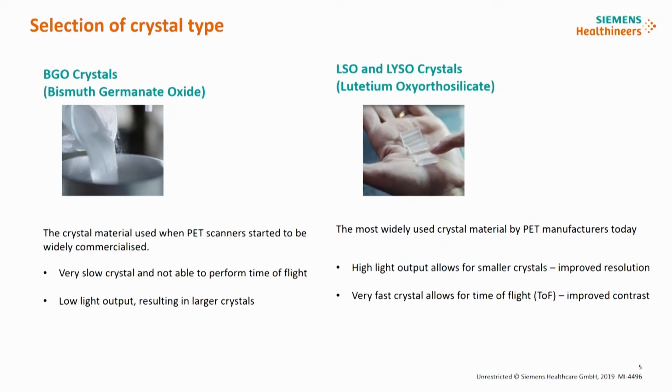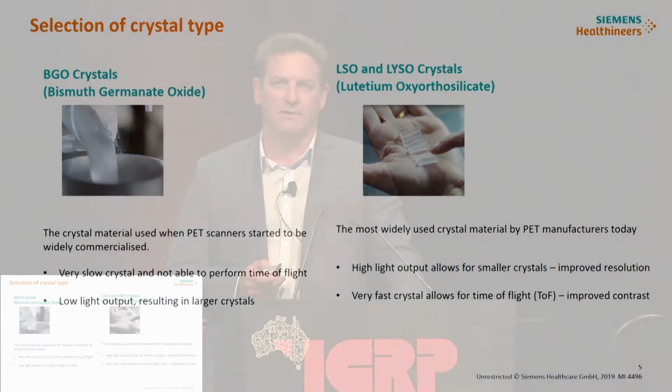So, crystal selection. BGO systems were available earlier on, and you saw from the earlier slide that scan times were very long. They were up to an hour or more than an hour to scan patients on these earlier PET scanners.